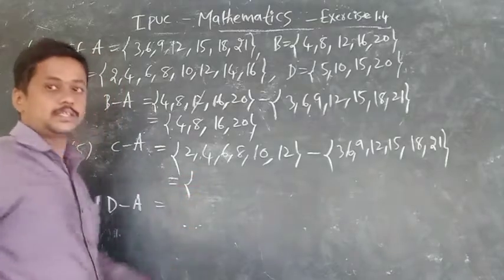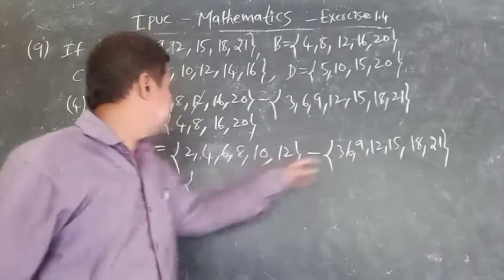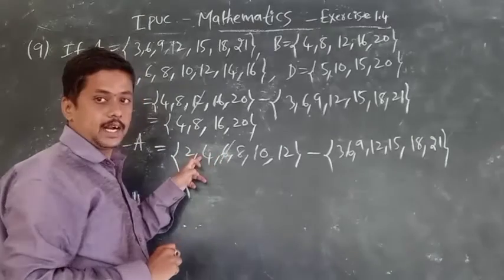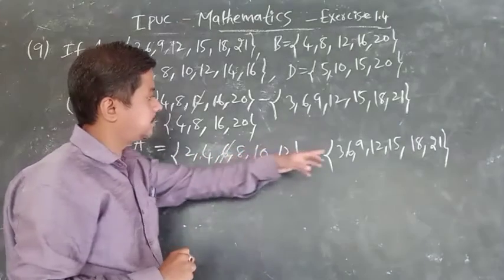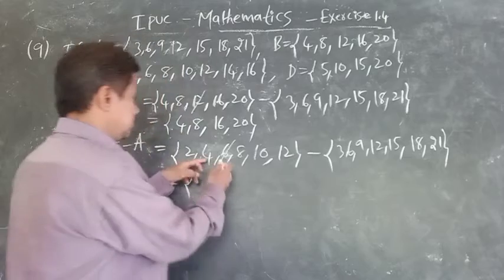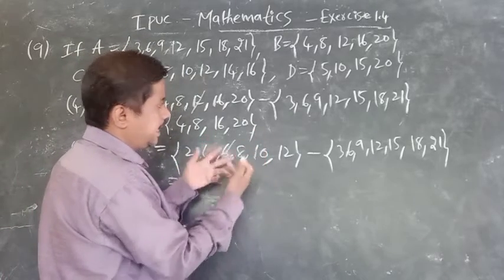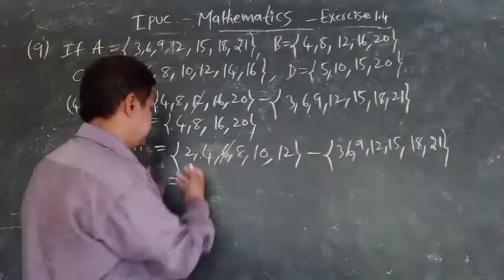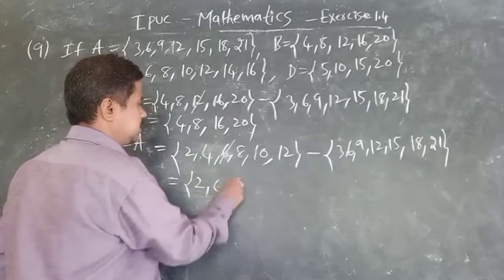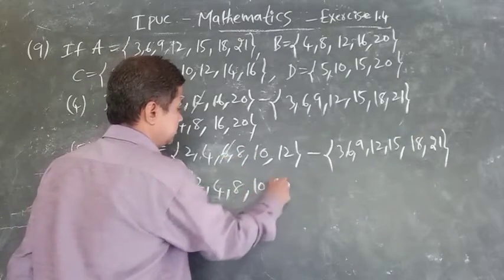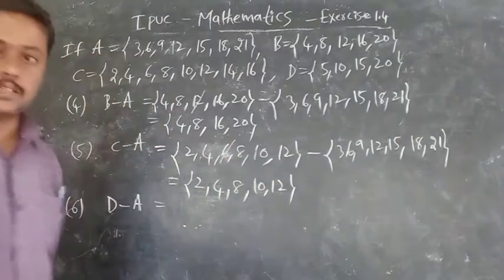See how to cancel. 3 is not there. 6 is there. 9 is not there. 12 not there. 15 not there. 18 not there. 21 not there. So leave it. So 2, 4, 8. Don't write 6. 8, 10, 12. So this is the answer.